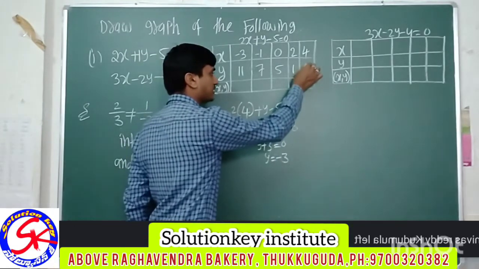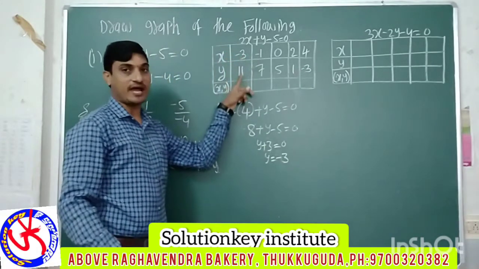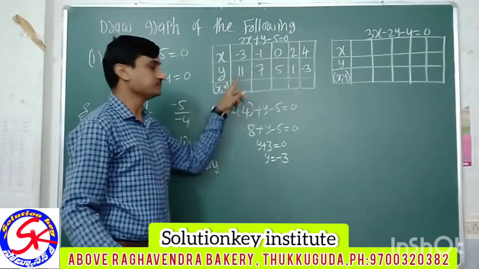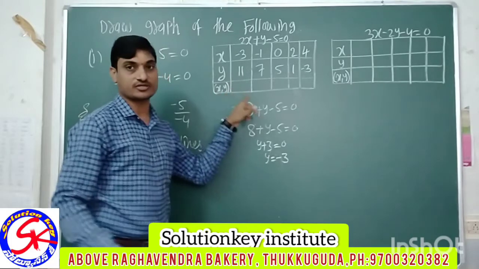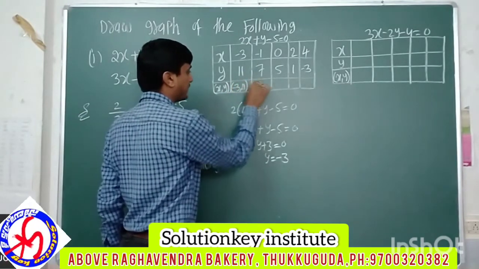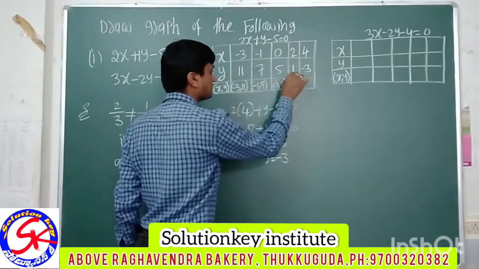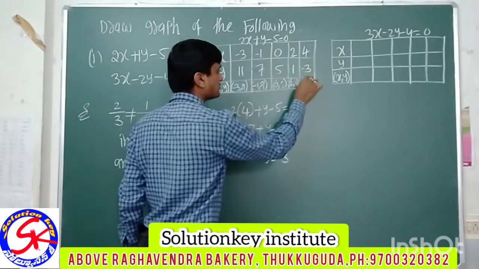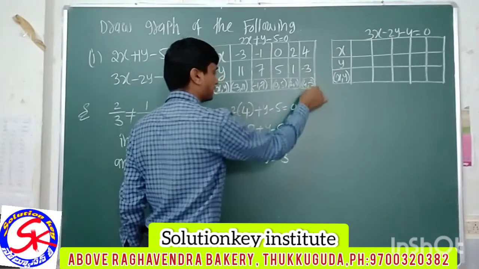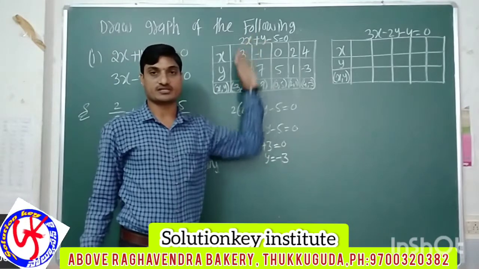So you are getting the x values and y values. Then fill this in totally: minus 3 comma 11, minus 1 comma 7, 0 comma 5, 2 comma 1, 4 comma minus 3. So the first box of the linear equation is completed.